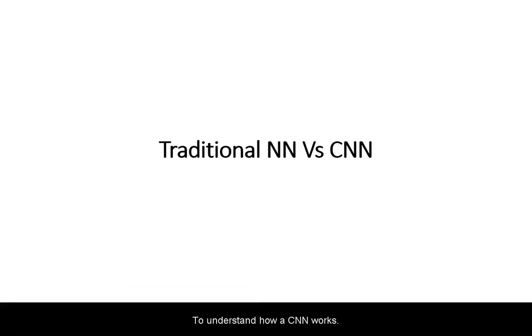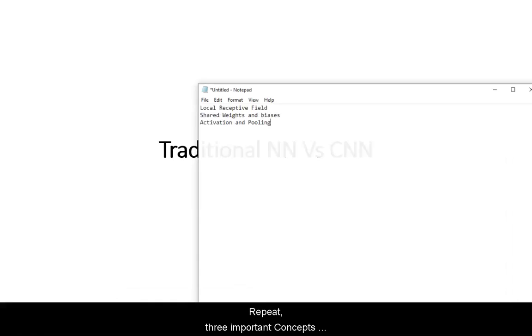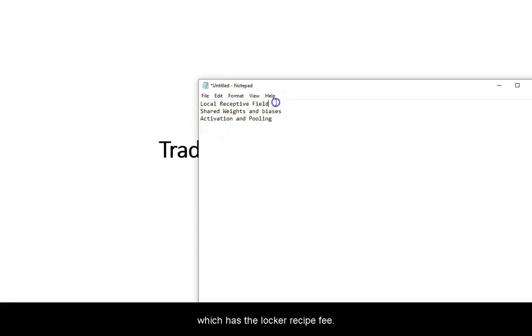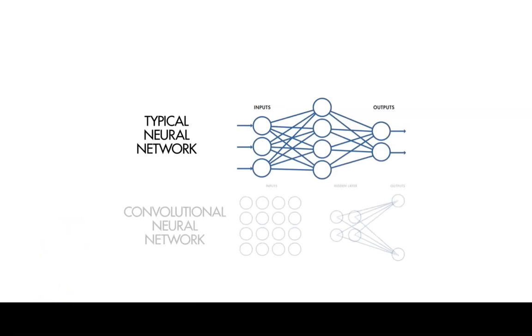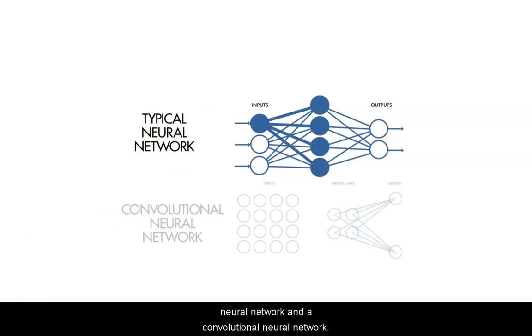To understand how a CNN works, we will cover 3 important concepts: the local receptive field, shared weight and bias, and finally activation and pooling. So let us look into the difference between a typical neural network and a convolutional neural network.